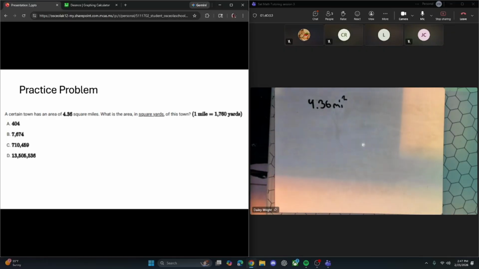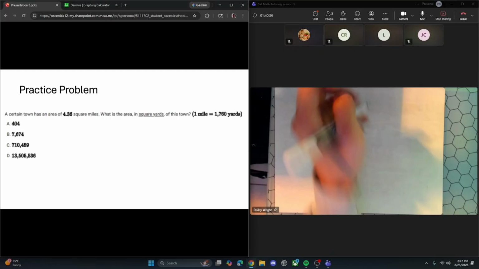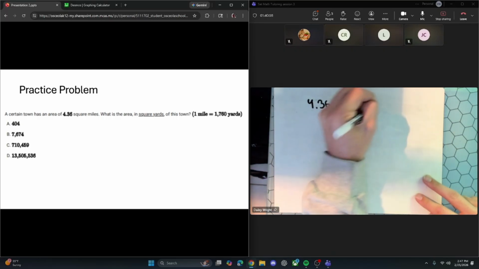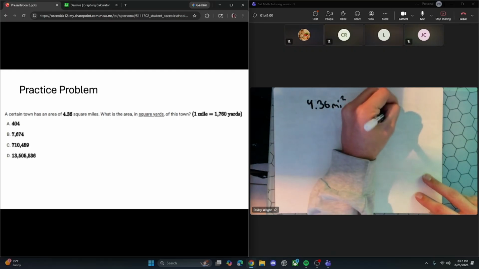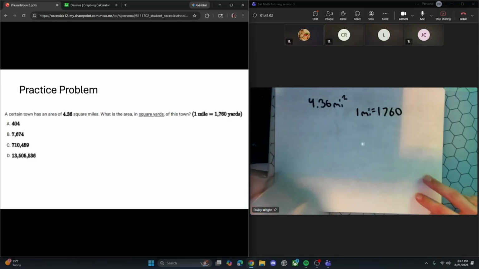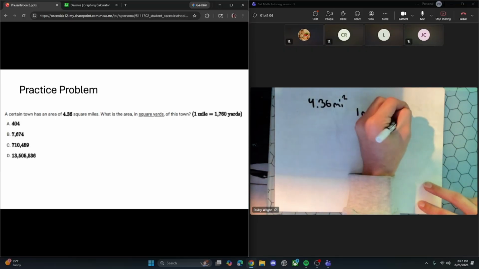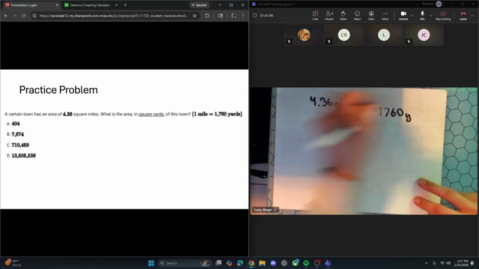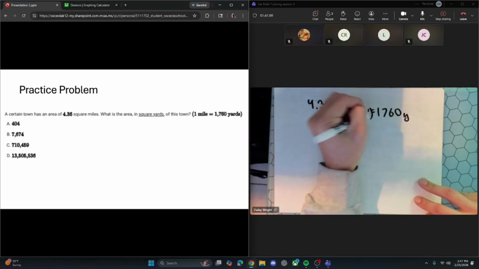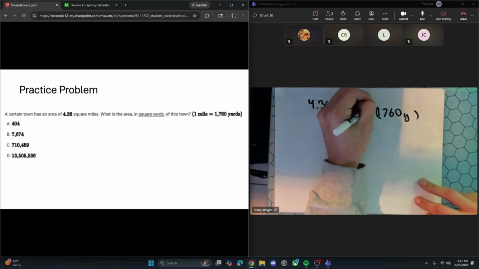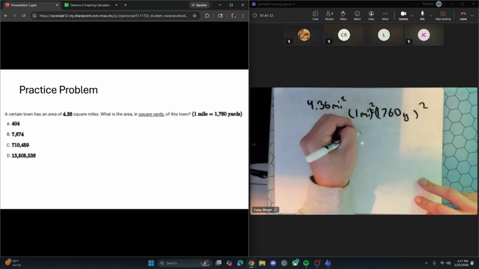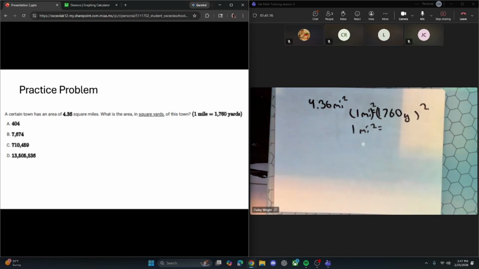So we want to look for the area in square yards. It gives us that 1 mile equals 1760 yards. So if you square both sides of the equation, 1 mile squared equals, now we have to do 1760 squared.